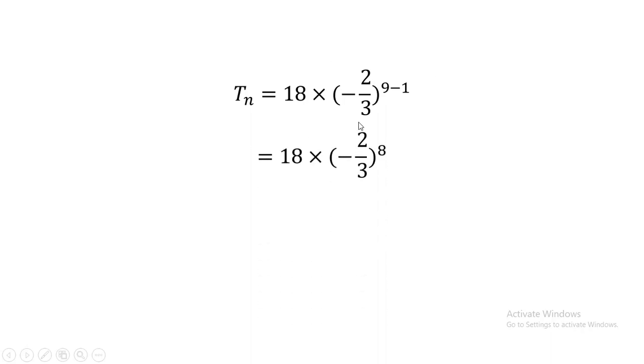Solving it gives us 18 times minus 2 by 3 to the power 9 minus 1, which is 8. After simplifying, my final answer is 512 divided by 729. So the ninth term of the given sequence is 512 divided by 729.